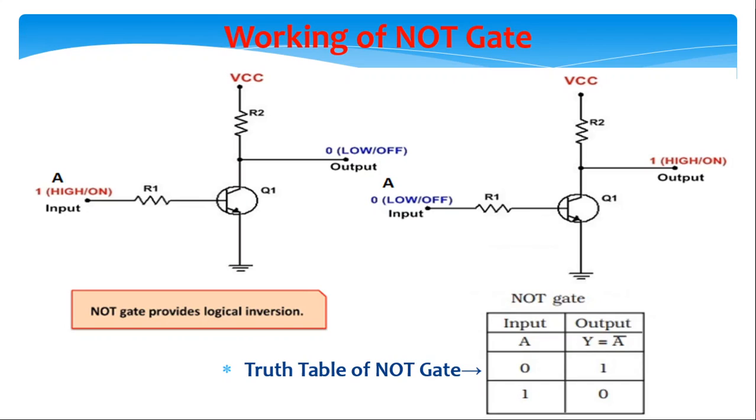This means that no voltage is measured at the output port, which is considered as low state. In terms of binary, when A equal to 1, then the output Y is equal to 0 as shown in the truth table.